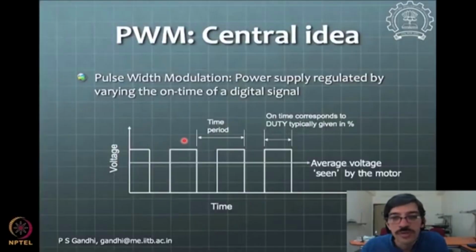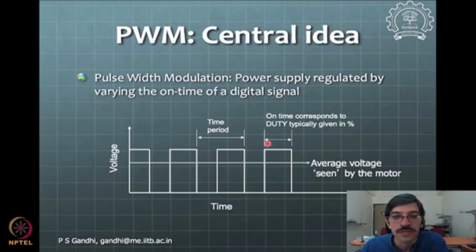As you all know, the central idea of PWM is pulse width modulation. Just to refresh your memory, a PWM signal has a time period and a duty which one can change in operation.